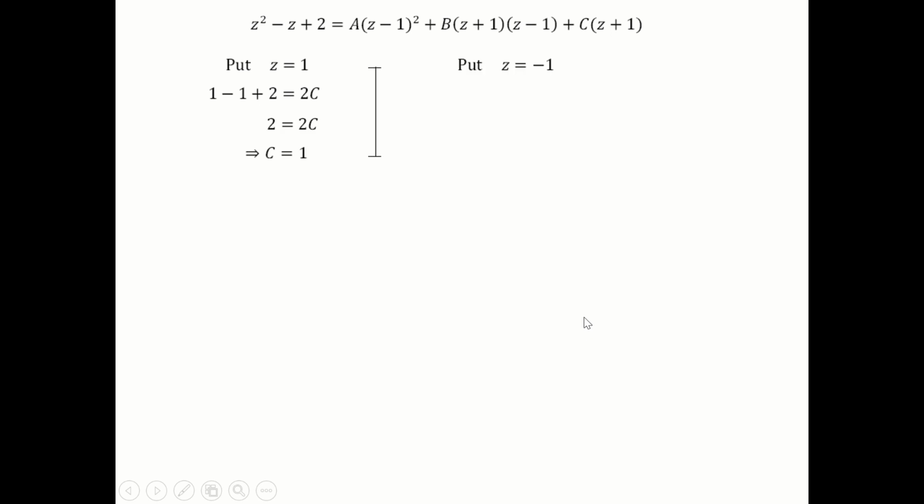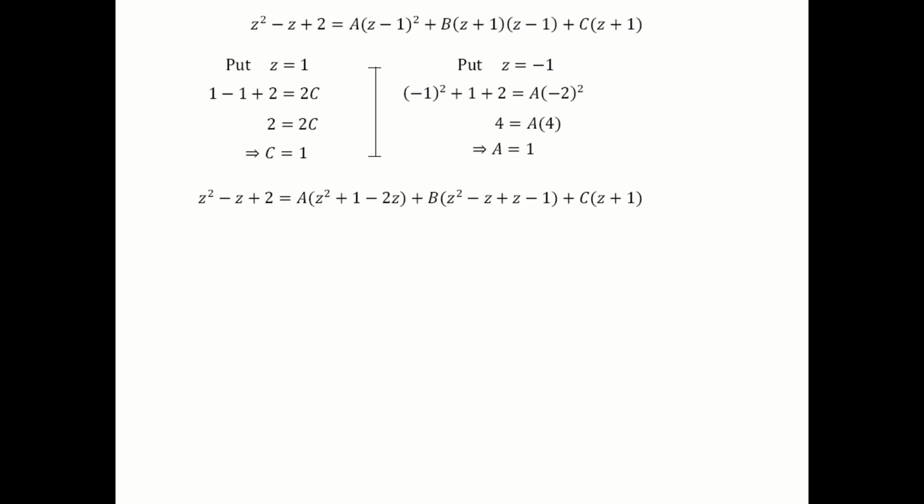Next, put z = −1. Then (−1)² − (−1) + 2 = 4 on the left hand side. The right side is A(−1 − 1)² plus B(−1 + 1) which is 0 plus C(−1 + 1) which is 0. So 4A = 4, therefore A = 1.